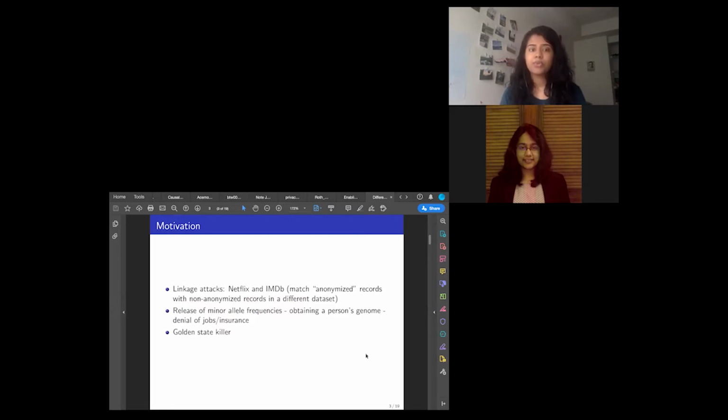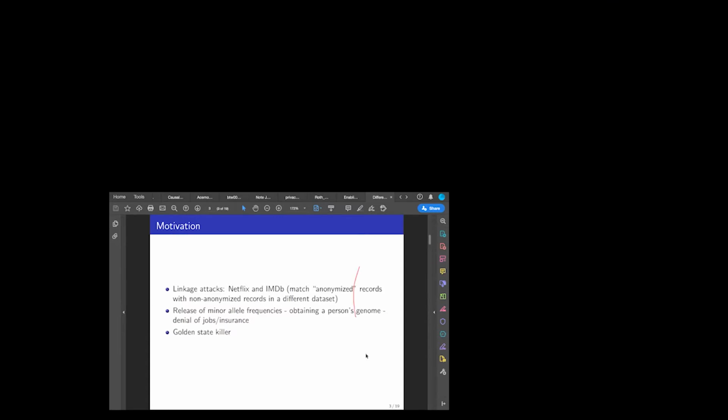And a professor from Princeton named Narayanan and his colleague were able to de-anonymize these records by linking certain anonymized data with publicly available data sets, which in this case happened to be the IMDb database.